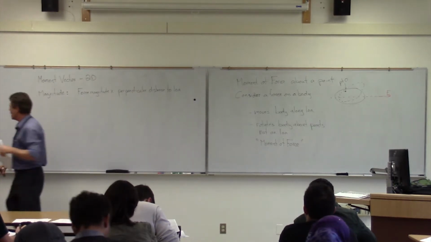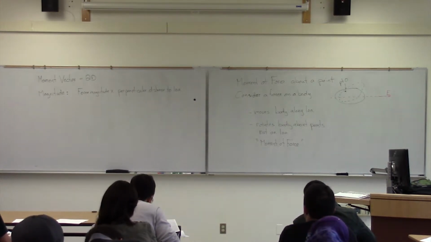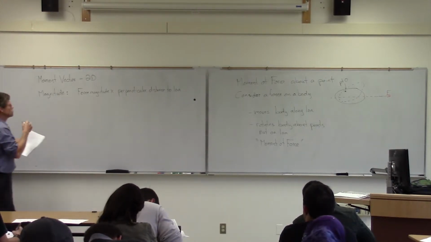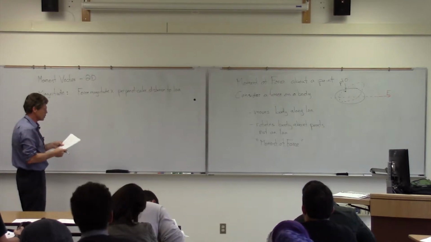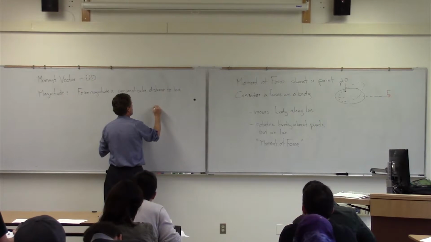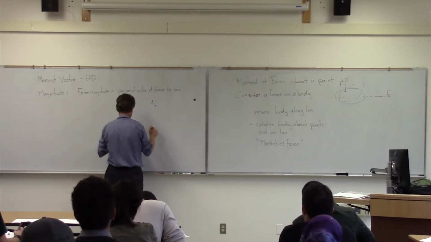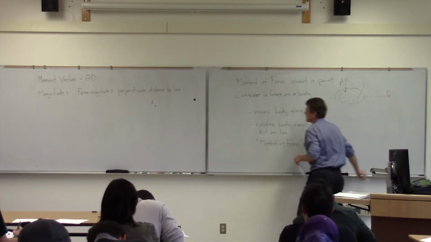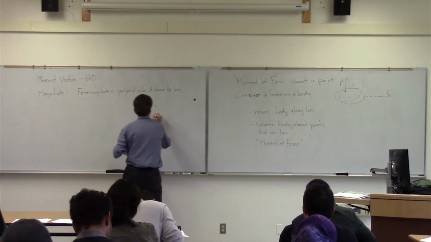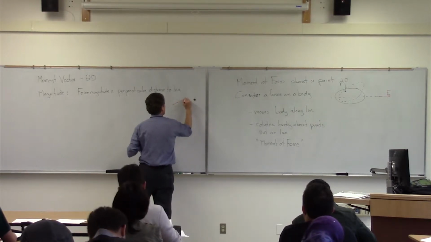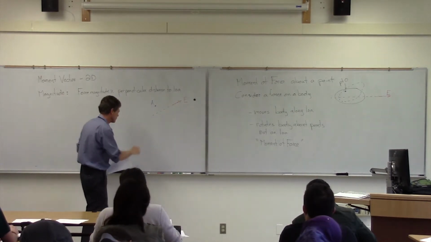Okay, so the magnitude of a moment vector is going to be the force magnitude, which is a scalar, times the perpendicular distance to the line of action. So I've got some point, and I've got some line of action here, and then a force out here acting along that line of action.